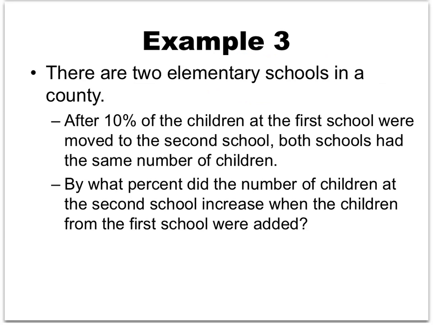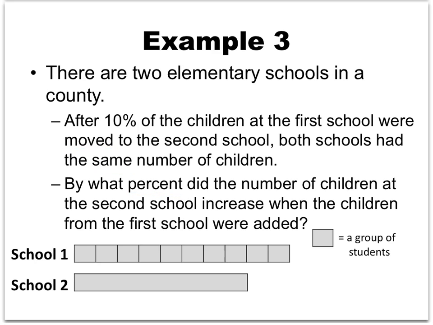So there's a lot going on here. We've got 2 schools, and the first school was bigger because it said that we moved some of those children to the second school, and now they have the same number. So the question is, by what percent did the number of children at the second school increase?